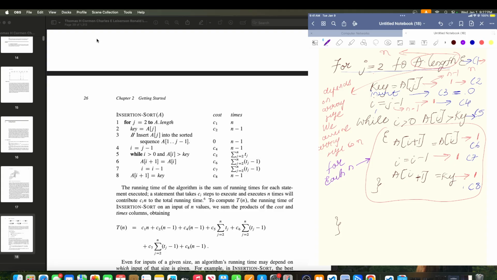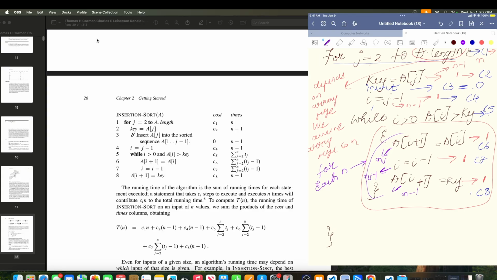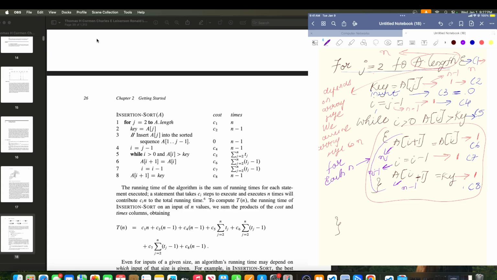Let this take some n of j, and this is n of j-1 times, and this is n of n-1 times. But this inner loop is going to run for every iteration of the outer loop, right? So it will be something like n times this. This is running n times, multiplied by that time.